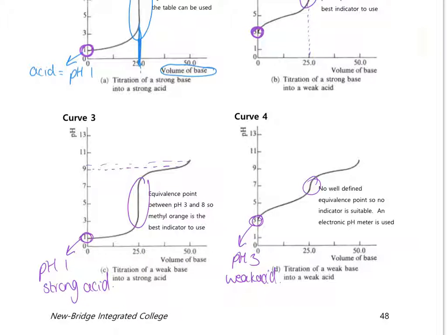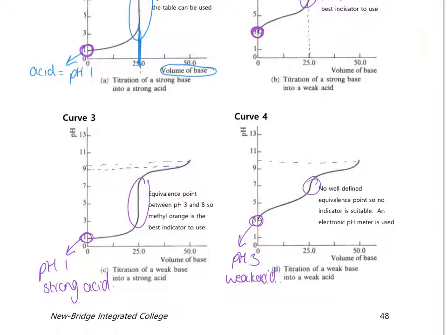Do you remember how we talked about in the previous page that with weak acid versus weak base there's not much of an equivalence point, so there's no suitable indicator, and that's why we need to use a pH meter, because there's no well-defined point where it's going to change. And again, the final pH of your base will give you an idea of the strength of your base, which is pH 10, so that is a weak base.